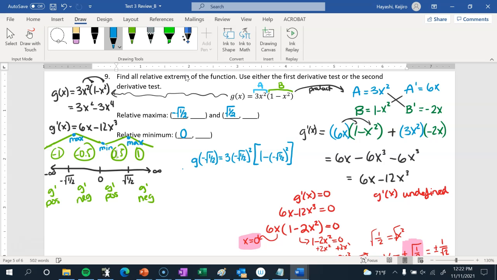So the negative square root of 1/2 squared is actually just going to be 1/2. And there's going to be 1 minus, also 1/2.